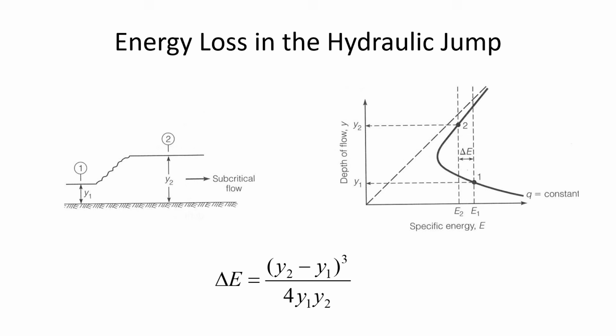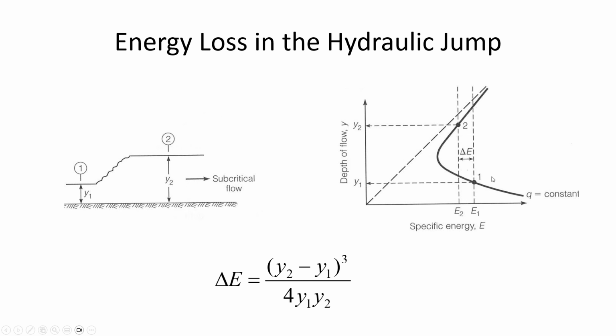There's just a lot of turbulence and countercurrent flow in the section of the hydraulic jump. And so this formula estimates, in units of meters, so delta E is expressed in units of meters, how much energy is lost when you go through a hydraulic jump and have the upstream depth Y1, the downstream depth Y2.